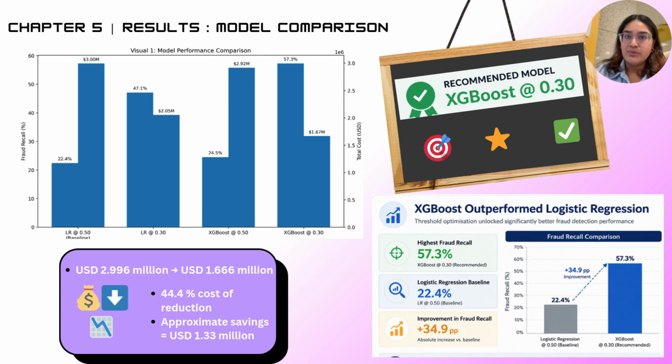The results show that XGBoost with threshold optimization at 0.30 significantly outperformed the logistic regression baseline. Fraud recall improved from 22.4% to 57.3%, showing a major increase in fraud detection capability.